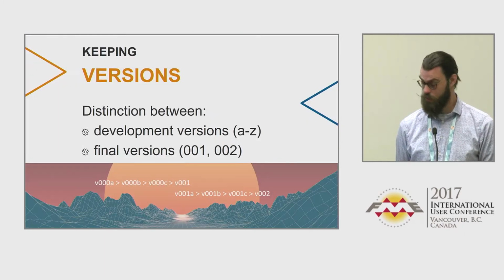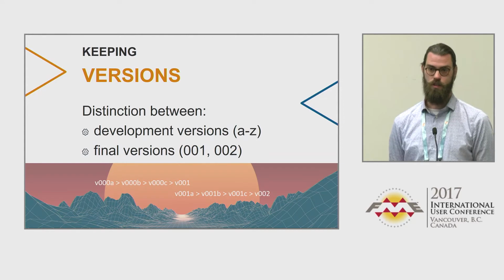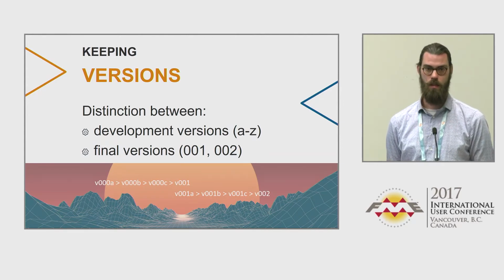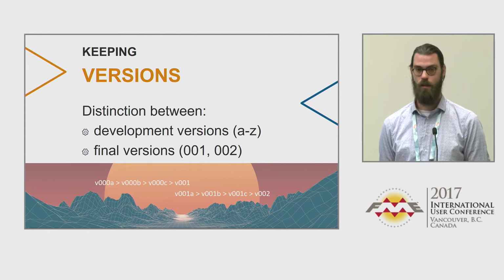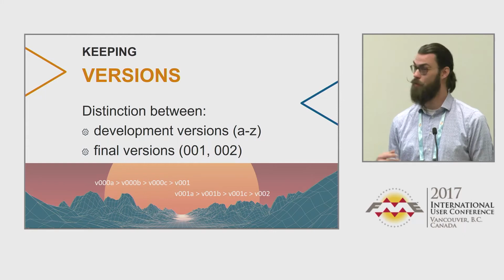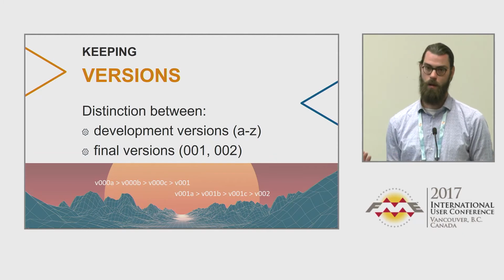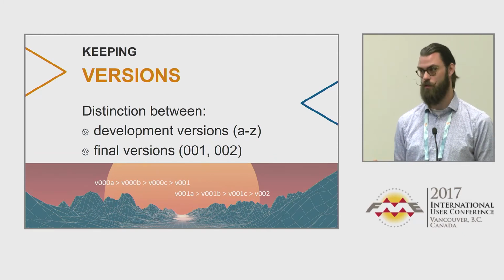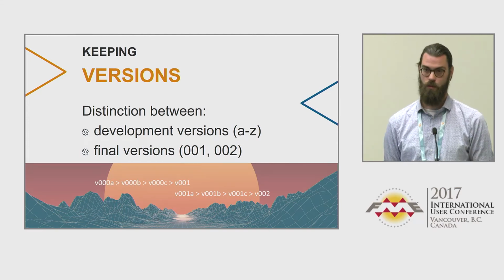So speaking about versions, I keep versions of all my workspaces, and I distinguish between development versions, and I just use A to Z for that. And every day when I reopen a workspace, I'll just save it as a new version. Or even when I want to do big changes, I'll save it as a new version.